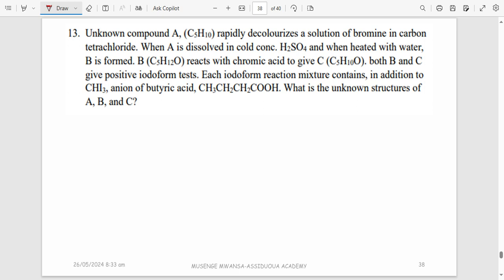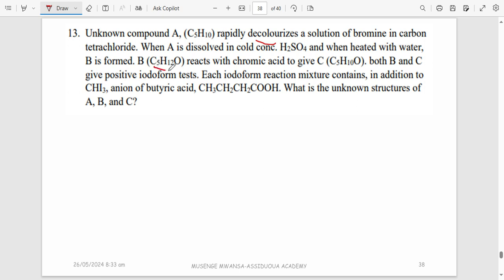So I want you to follow the steps as they are being outlined very well, because if you miss any one, it will be very hard for you to answer this question. An unknown compound A decolorizes a solution of bromine, meaning that it has a double bond. When A is dissolved in cold concentrated sulfuric acid and heated with water, B is formed.